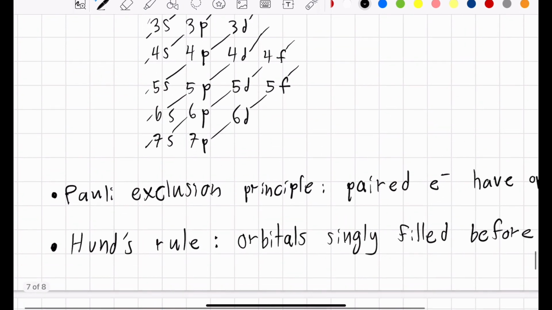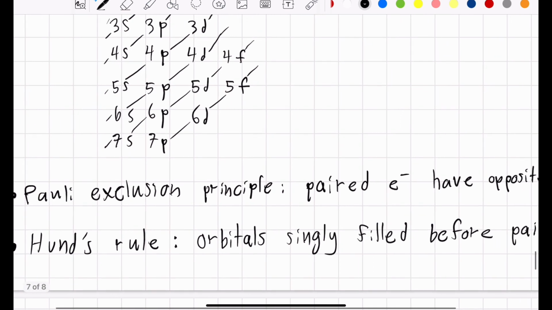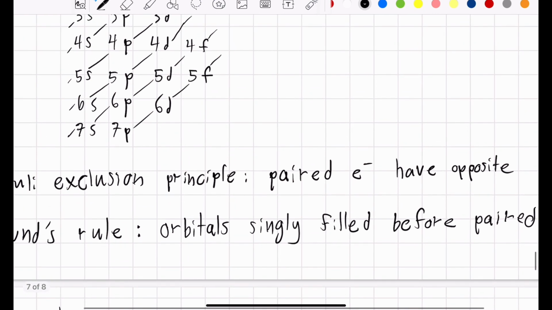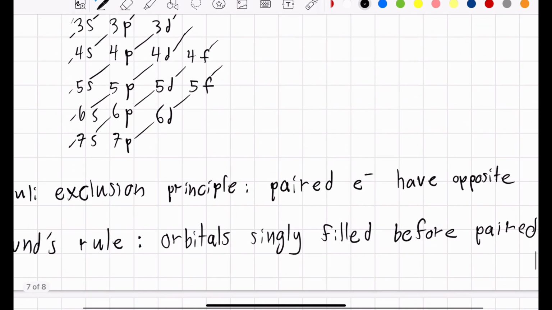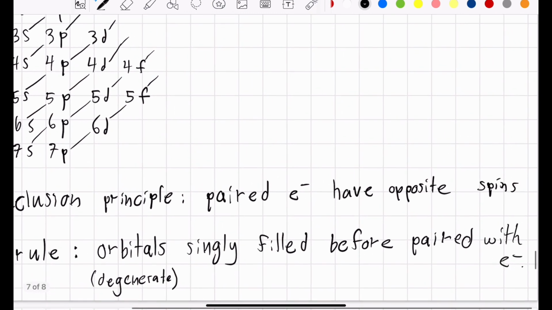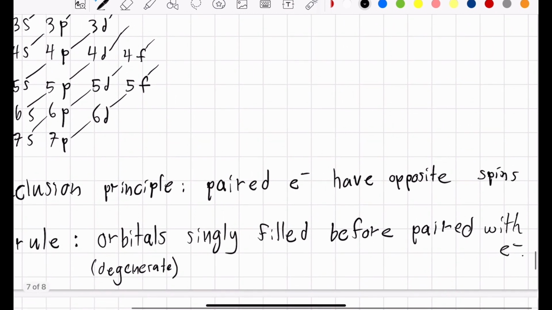Another rule is Hund's rule. Orbitals with the same energy, we call these degenerate orbitals. Hund's rule states that orbitals that have the same energy are singly filled first before being paired with electrons.